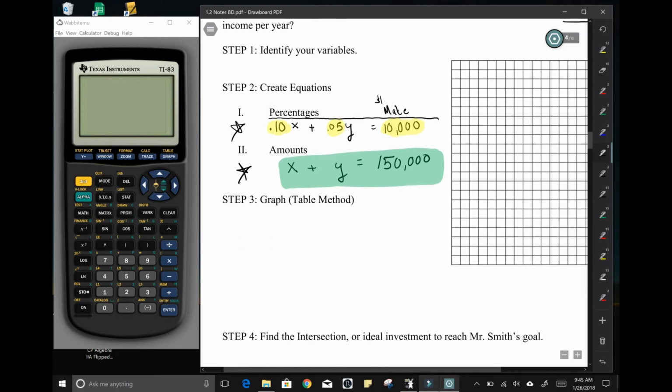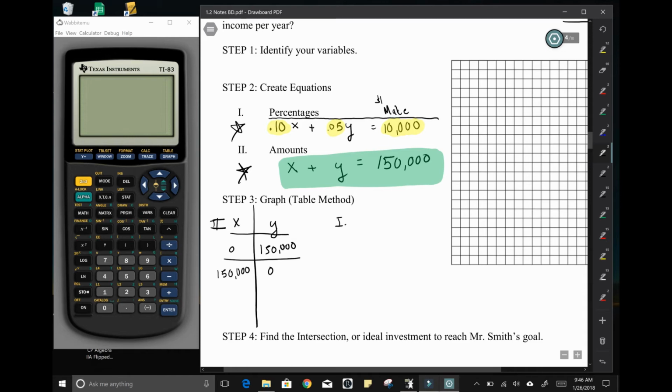Graph, again, I recommend the table method. The table method is pretty simple because it gives you your intercepts. So x and y, this is for the second graph. You get 0, 150,000 and 150,000, 0.